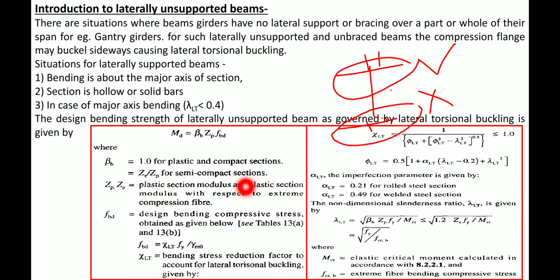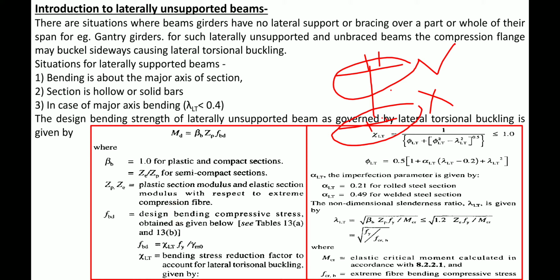If it is a semi compact section, here we are going to take the ratio of ZD divided by ZP, where ZP and ZD are the plastic section modulus and elastic section modulus with respect to the extreme compression fiber, and FBD is the design bending compressive stress. We are going to find the value as per Table 13A and 13B, where FBD is equal to chi into chi suffix LT into Fy divided by gamma m0.